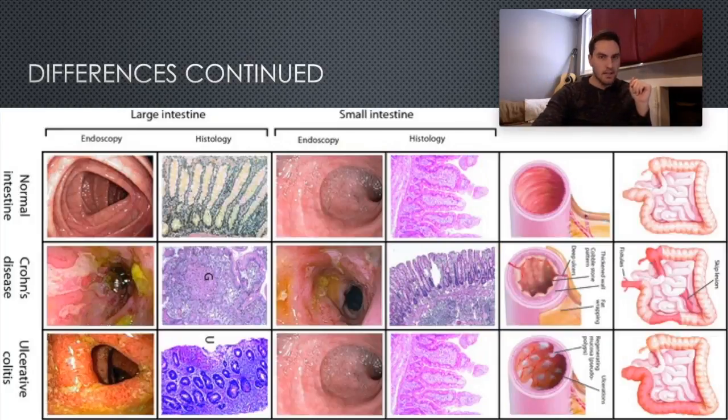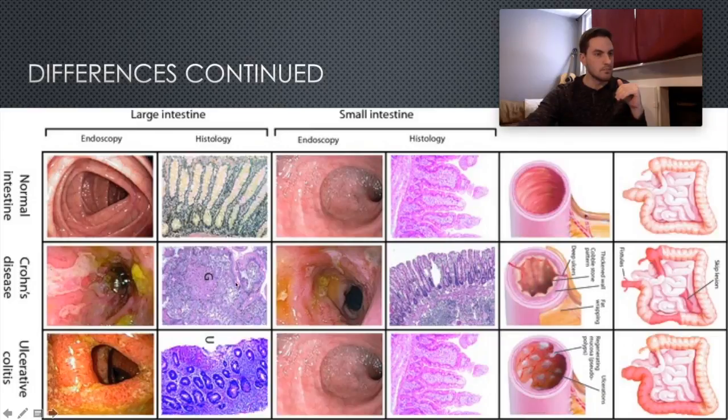And then I included this diagram because I liked it a lot. It shows a lot of the differences between these two. If we look at this top row right here, this is going to be all normal. So you see the large intestine looks nice and pink. The cells here look good, nothing wrong with it. And then we look at Crohn's disease, and it looks pretty bad. It looks like it's going a little bit deeper.